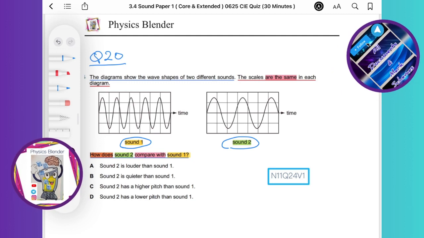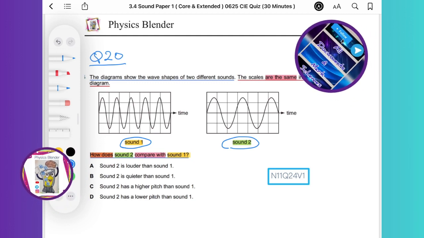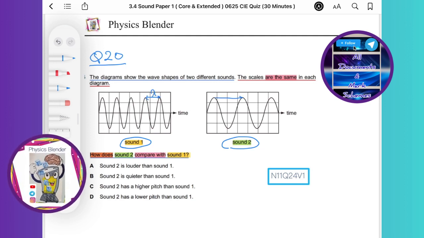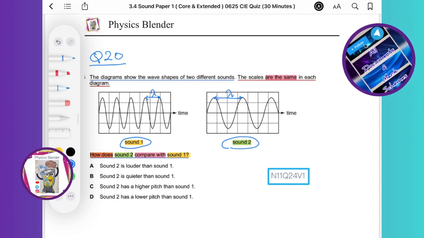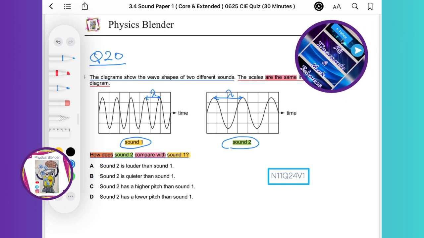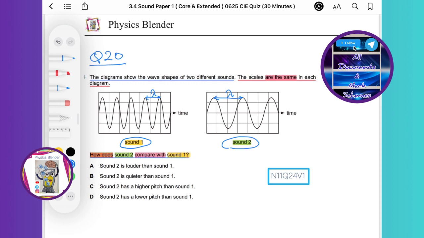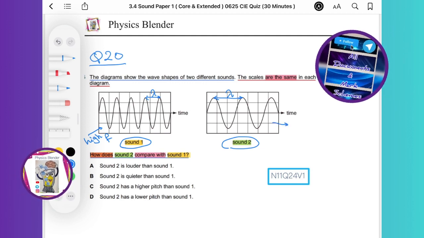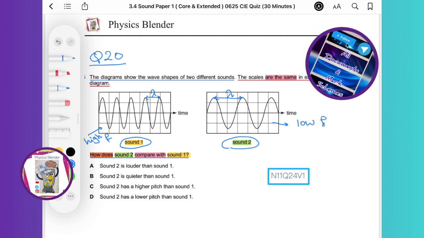And how do you compare higher frequency? Instead of counting waves, you will find that here the wavelength is shorter, here the wavelength is longer. So you will decide that this one has high frequency, and this one has low frequency.